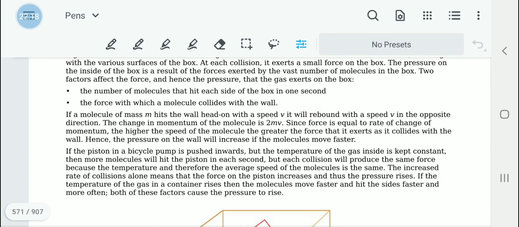When a molecule of mass m hits the wall head on with a speed v and rebounds with a speed v in the opposite direction, the change of momentum is 2mv.